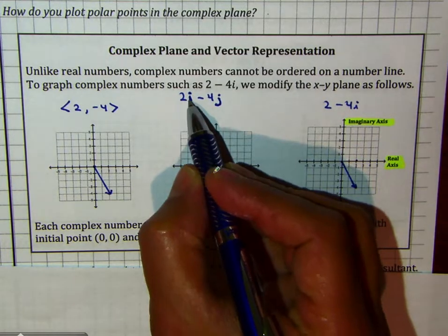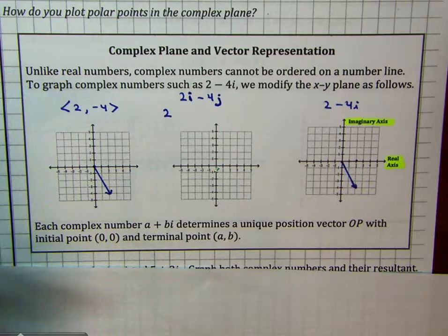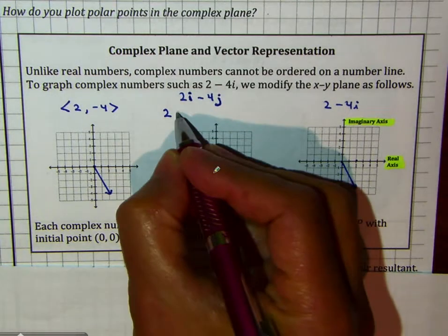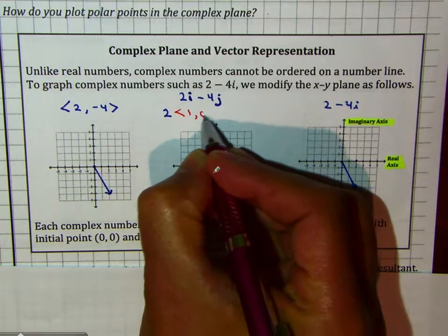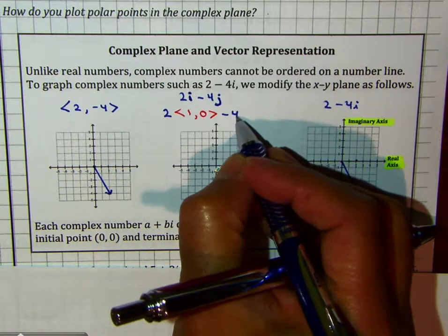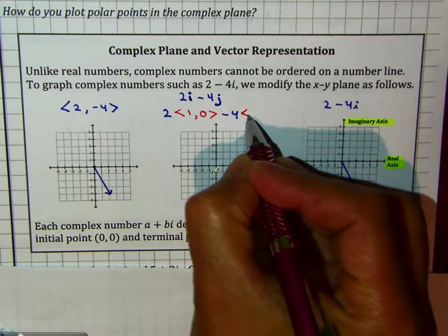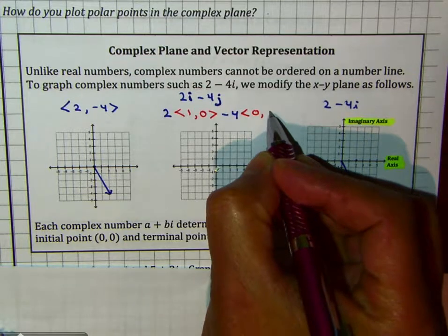Notice I placed it in bold, this is a unit vector. So this is 2, and i, your unit vector, is 1, comma 0, minus 4. And j is a unit vector, and that vector is 0, comma 1.